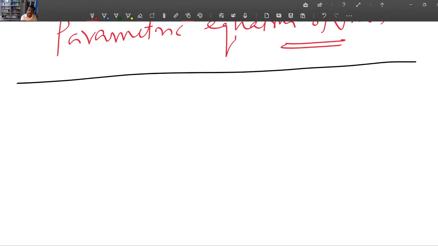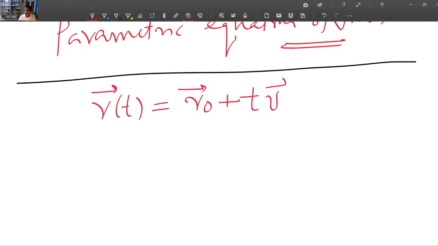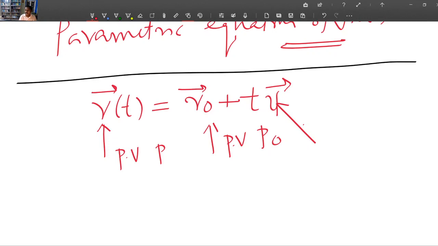What is the vector equation? r of t is equal to r naught plus t into b, where r is the position vector of p, r naught is the position vector of p naught, and b is the vector parallel to the line L, and t is called the parameter, where t belongs to minus infinity to plus infinity.